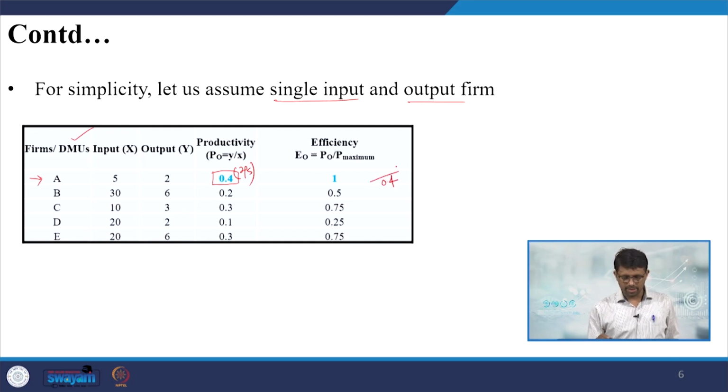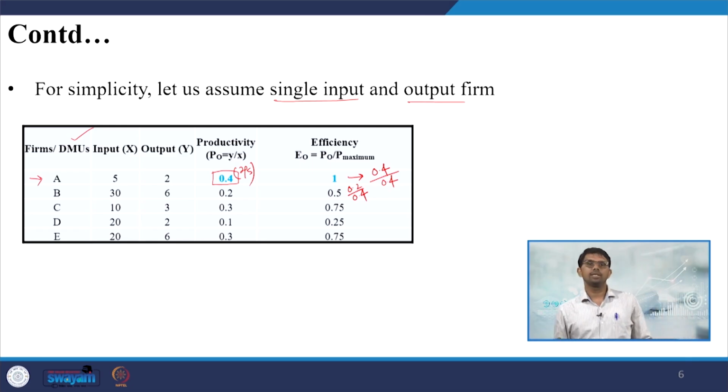In the numerator it is the individual firm's productivity. So this is 0.2 divided by 0.4, it is 0.5. By this approach you can clarify the simple difference between productivity and efficiency.